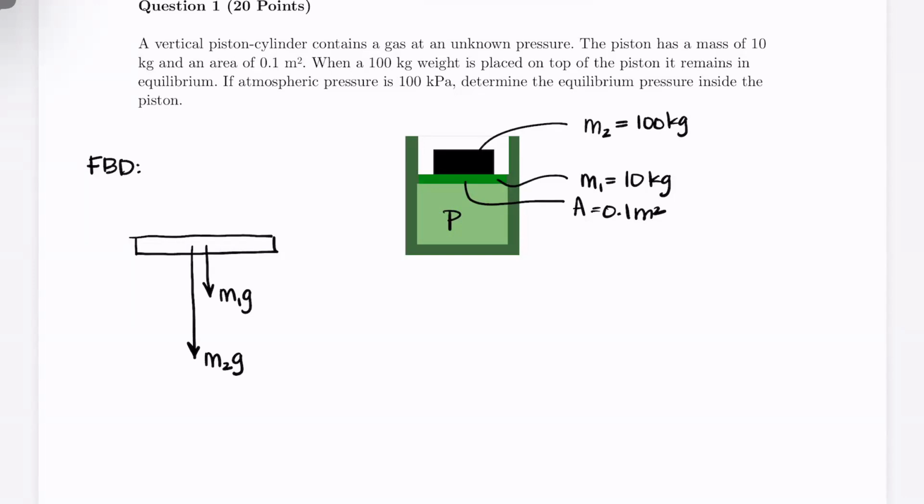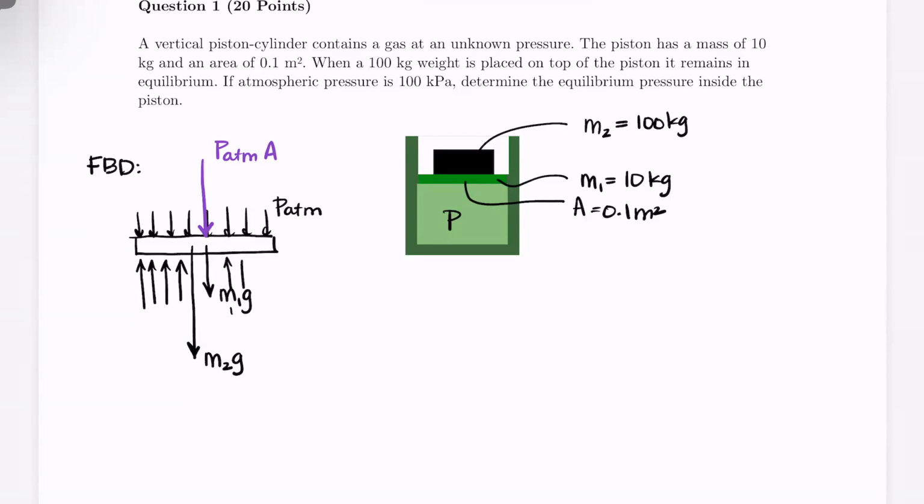Yeah, I have atmospheric pressure on the top. So this is P atmosphere, and it has a resultant force that looks like P atmosphere times A. Right? And then similarly, I have the pressure inside of the cylinder.